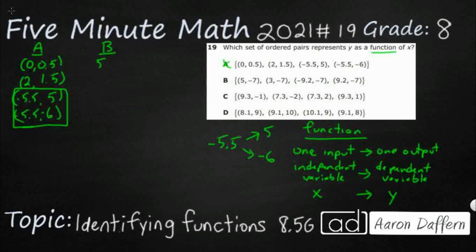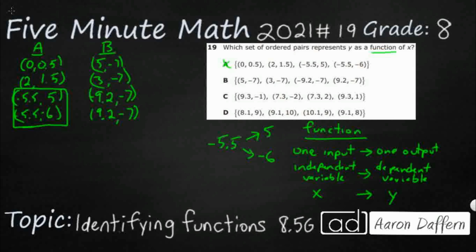So I've got 5, negative 7. I've got 3, negative 7, looking good so far, negative 9.2, negative 7, and then I've got 9.2, negative 7. Wow. Well, this is an interesting one. Take a look. There's no x's that are repeating: 5, 3, negative 9.2, and positive 9.2.